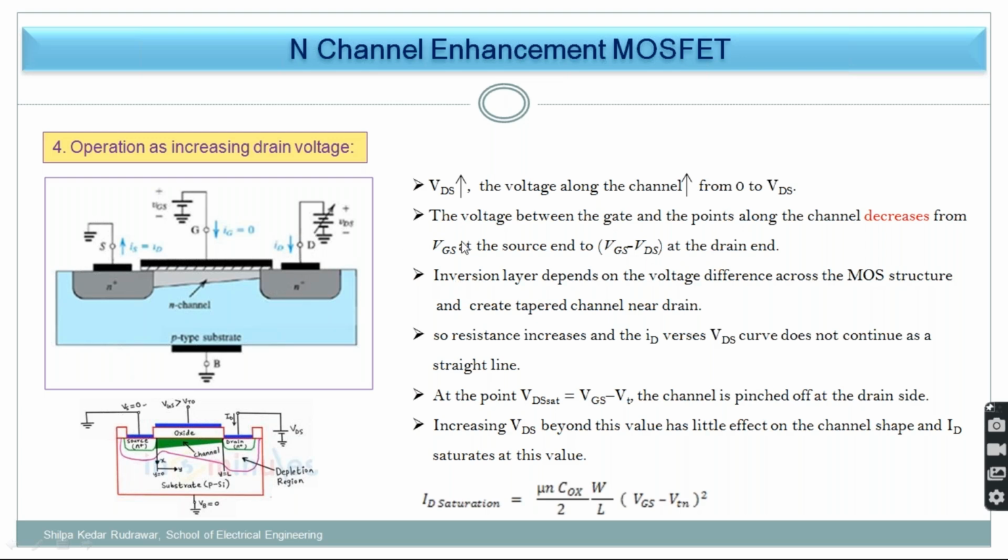Now the inversion layer depends upon the voltage difference across the MOSFET structure, and that's why as the voltage difference is more over here, this particular junction becomes reverse biased, and the depletion region increases and the channel becomes tapered near the drain.